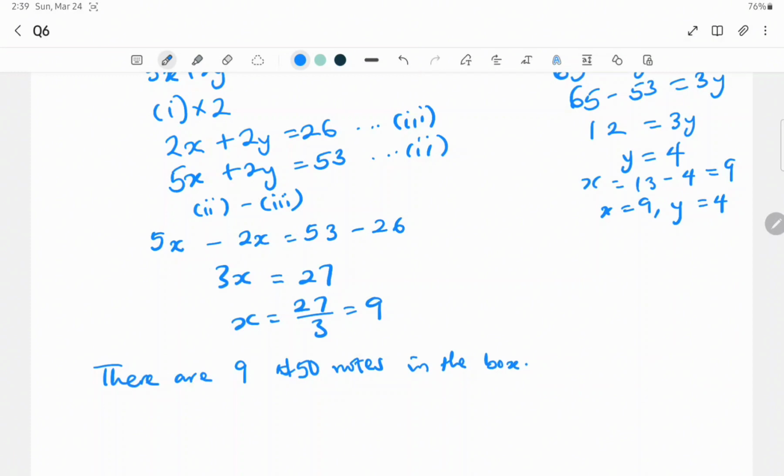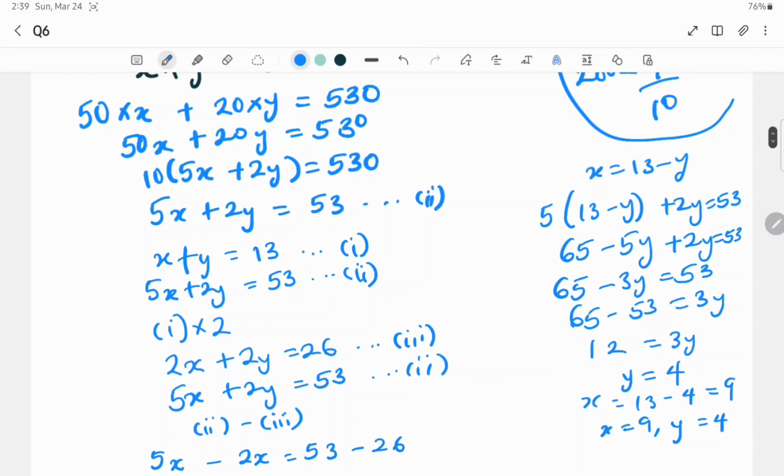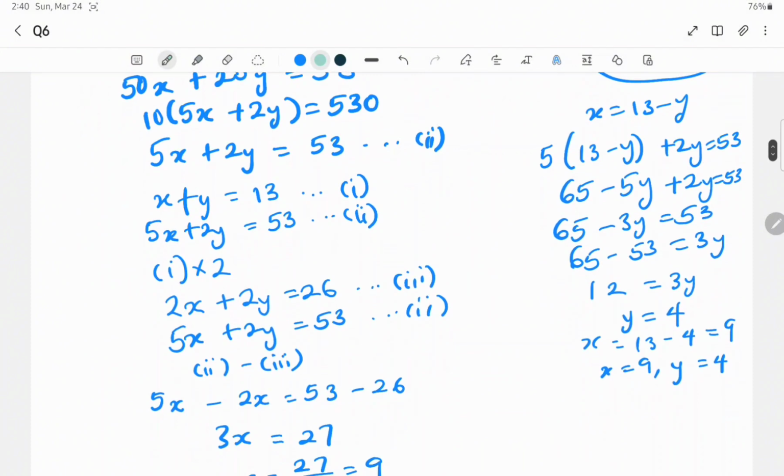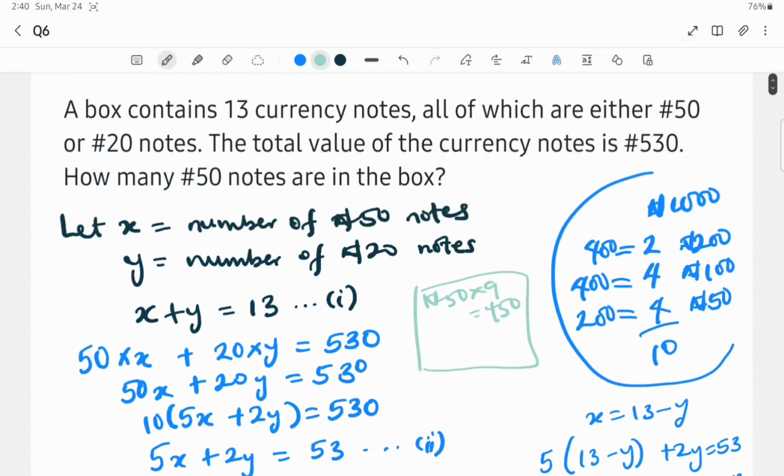Now, let's confirm our answer. If we truly have 9 50 naira notes, that means I'm going to have 50 naira times 9, and that's 450 naira. So, okay, thankfully we calculated our y using the substitution method. So we got 4 as y.